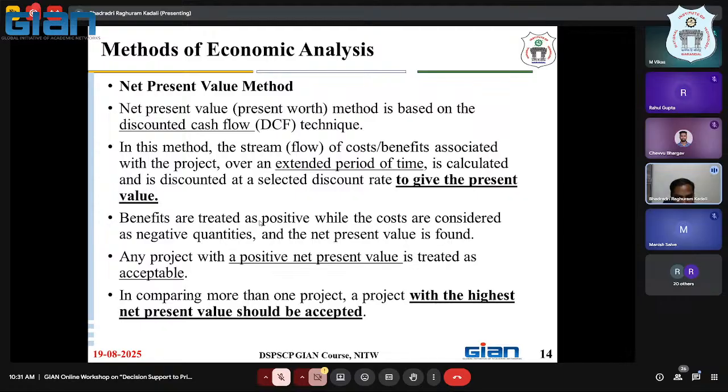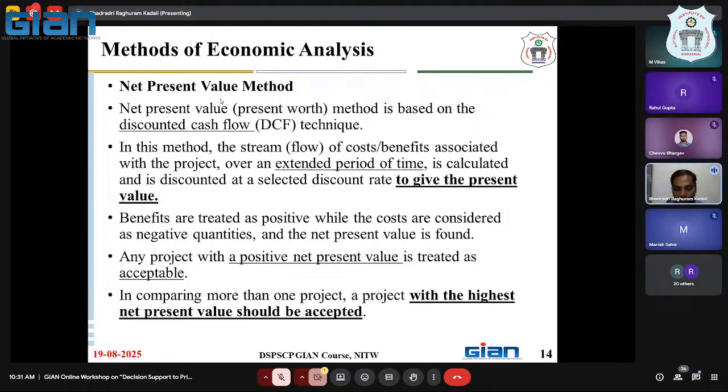The benefits are treated as positives, while the costs are treated as negatives. When you do B minus C, that is benefits minus costs, we expect a cumulative positive value. If you have the highest cumulative positive net present value, that means the project is worthwhile to invest in.